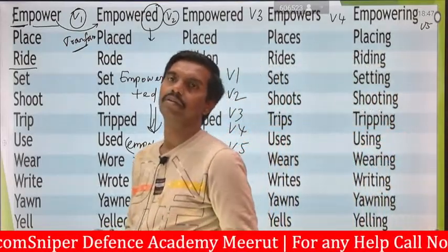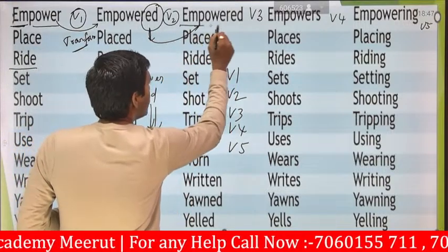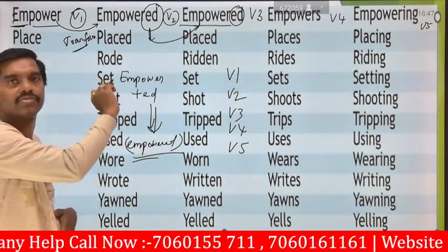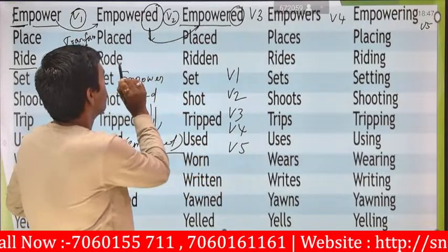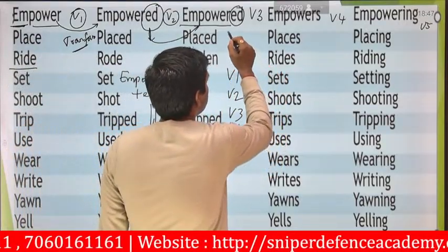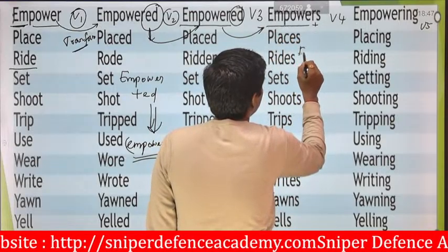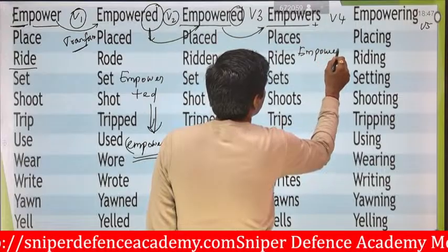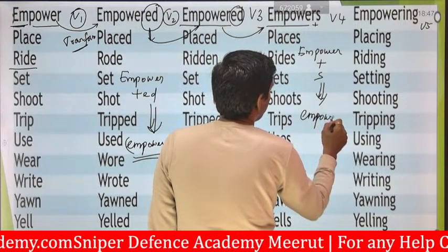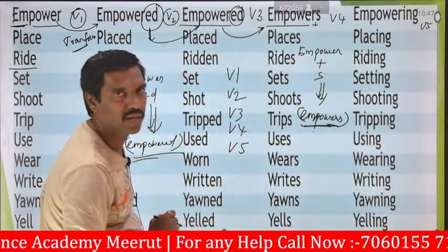V2 is transferred to V3 as the same thing, empowered. Generally, V2 and V3 remain the same. Next, V3 is transferred to V4 in terms of empower plus s, which gives empowers.